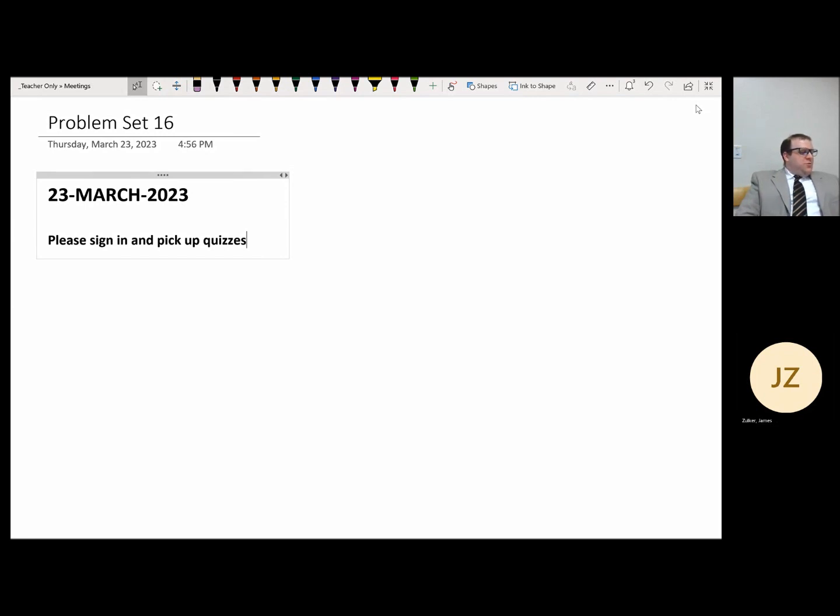Ultimately, what we want to do is look at convergence of sequences. What does it mean for a sequence to converge? And then how do we find what it converges to? Again, not every sequence will converge.